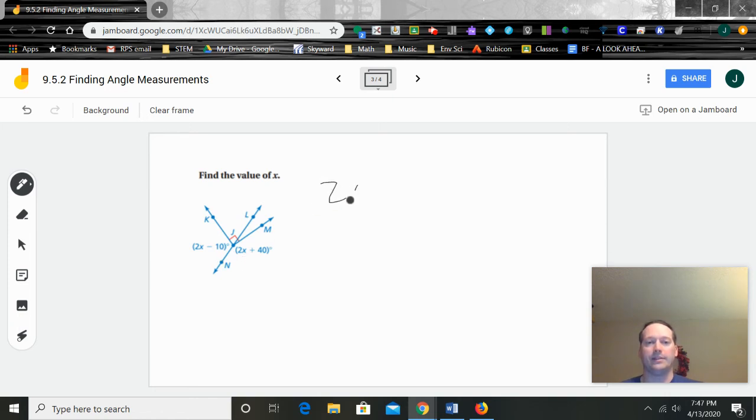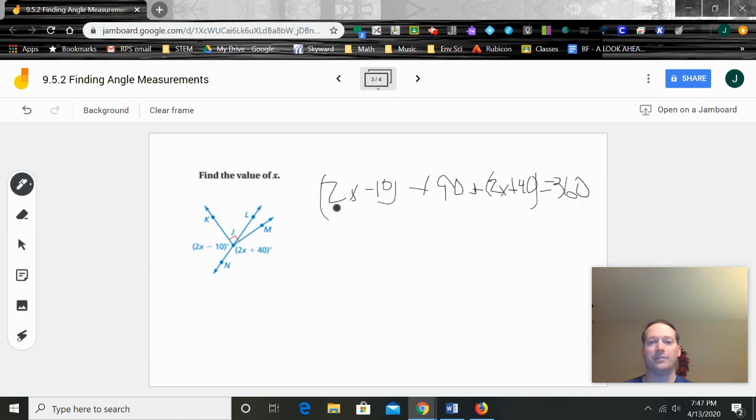These three angles, or I'm going to go 4, they add up to 360 degrees. So 2x minus 10 plus, now I'm just going to look at these two together, which is 90 degrees. And then the last angle, 2x plus 40, equals 360.